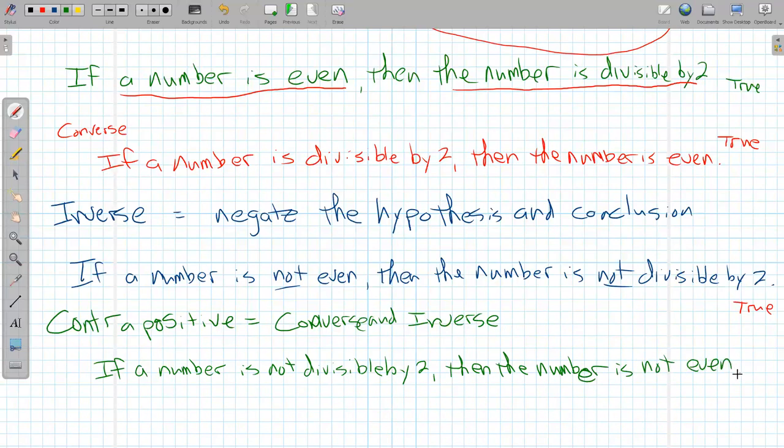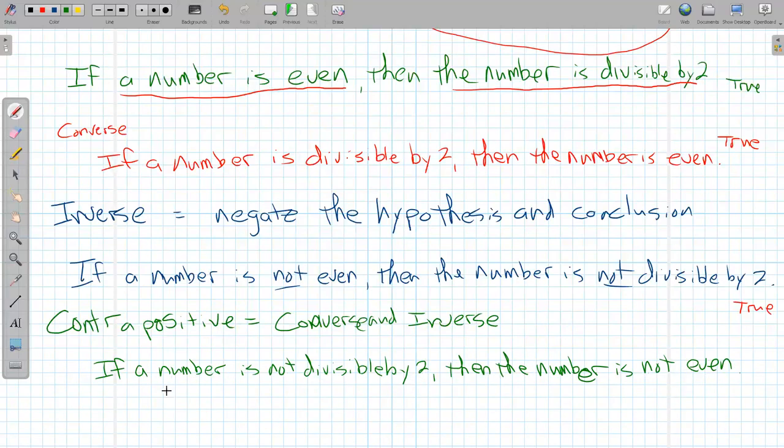Okay, so I think it should be if a number is not divisible by 2, then the number is not even. So I had to take the original conclusion, state that up front, negate it. So it's got to have an if, the old conclusion negated, and then I take the premise, throw it as the conclusion, and I negate it also. So if a number is not divisible by 2, all right, so pi, then it is not even.